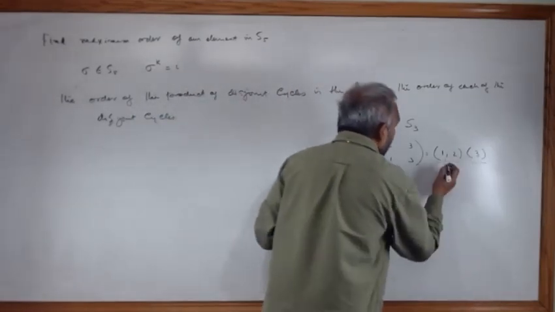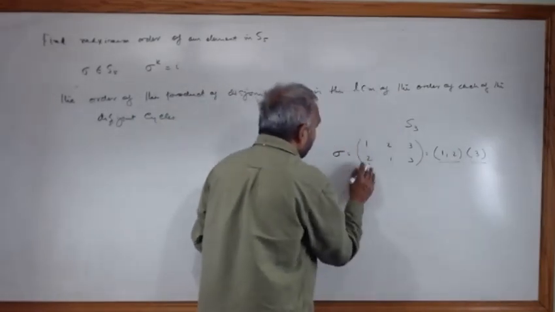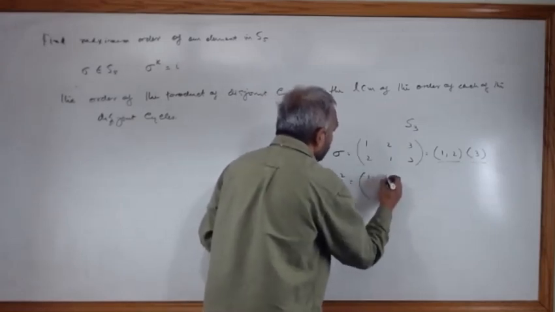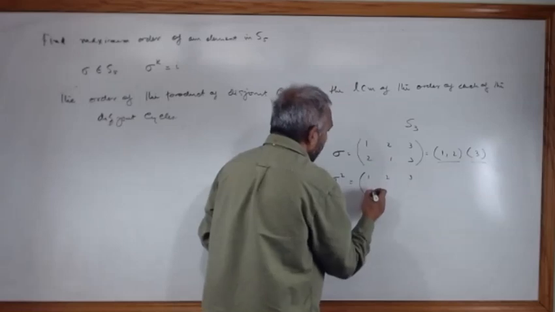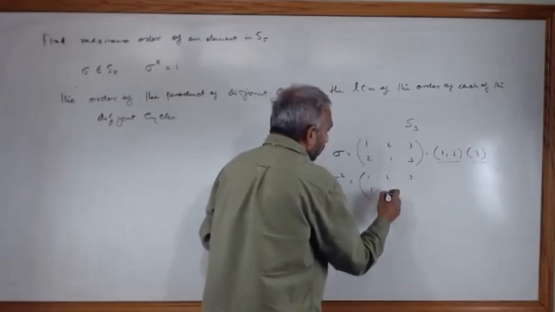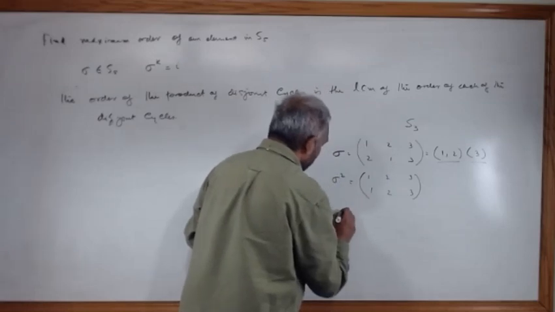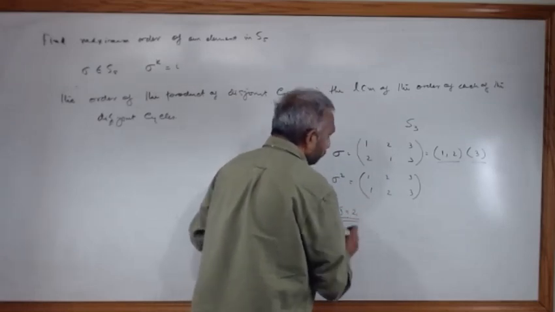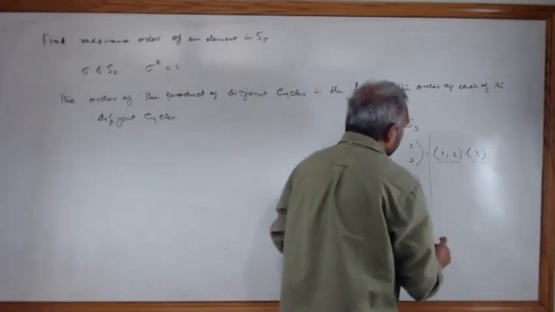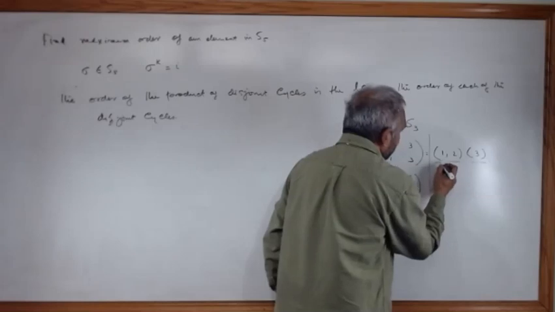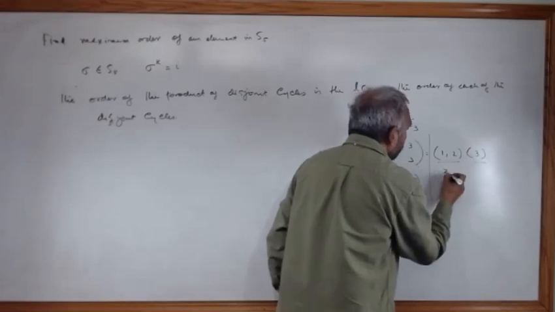So what is the order here? Sigma squared: 1, 2, 3 goes to 1, 2, 3. So the order of sigma is equal to 2. Here the order of this is 2.